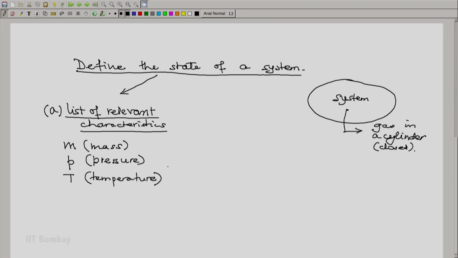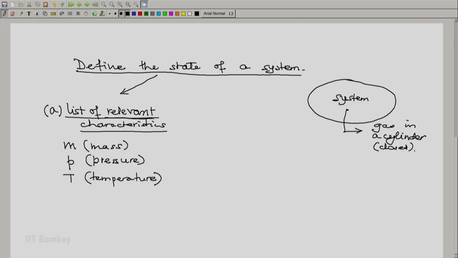It need not be 3, it could be as small as 1, it could be as many as there is no upper limit. The more complicated and more complex a system, we will have a large number of these characteristics. Thermodynamics does not directly restrict the number of relevant characteristics that a system may have. Later on we will see what are the appropriate numbers.